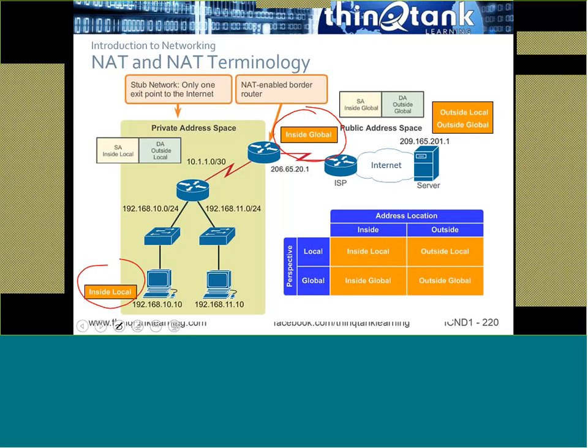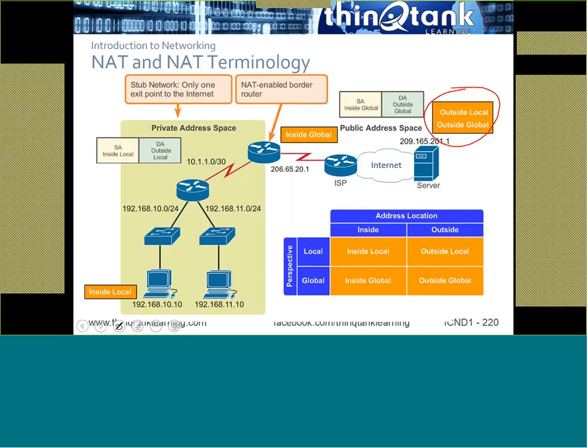Now, as far as the terms go with regard to the host on the outside, outside local and outside global, almost always these addresses are going to be the same in some sort of translation scenario. And here's the reason why. It's not that they actually are the same. It's that the private address of your destination is very rarely actually known.